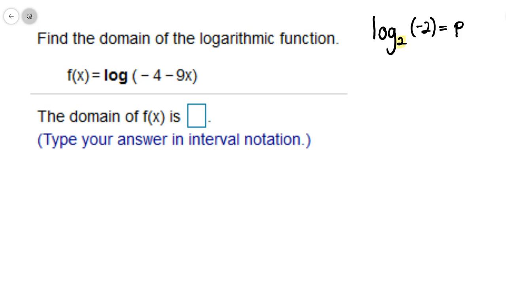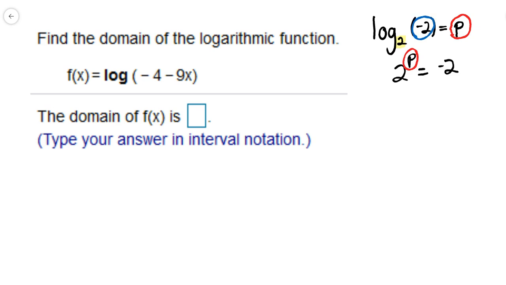I've got a base of 2, so my exponent would have a base of 2. The log always equals the exponent, so I have an exponent of p. And then this exponential is going to equal what's inside the log.